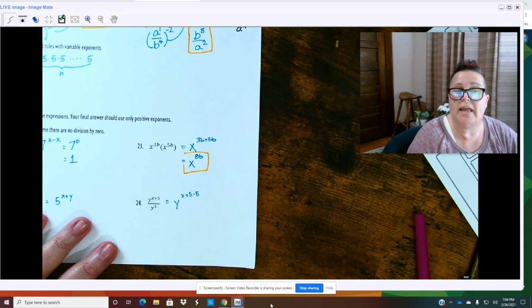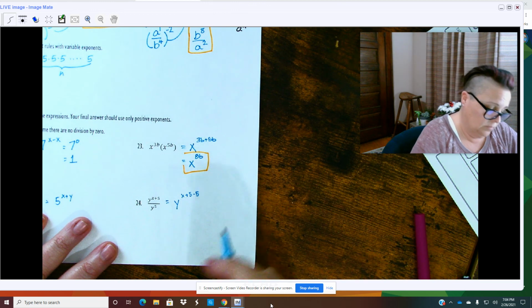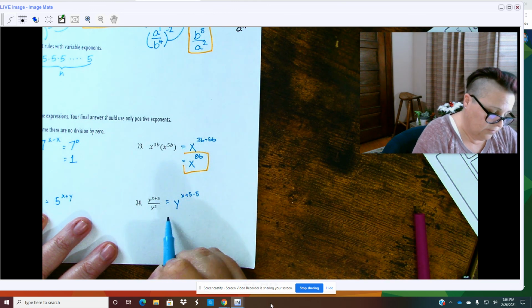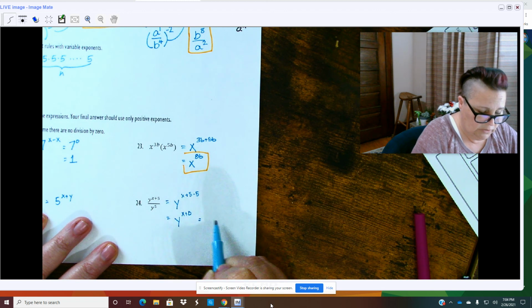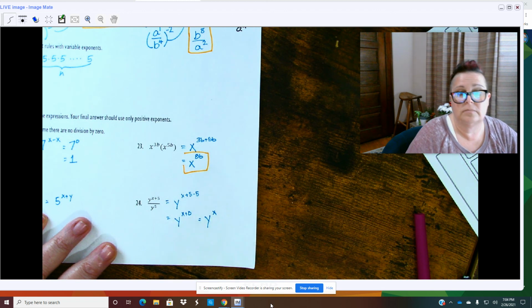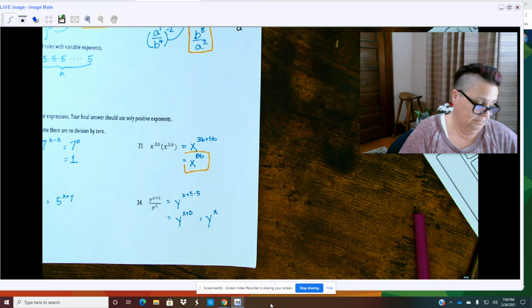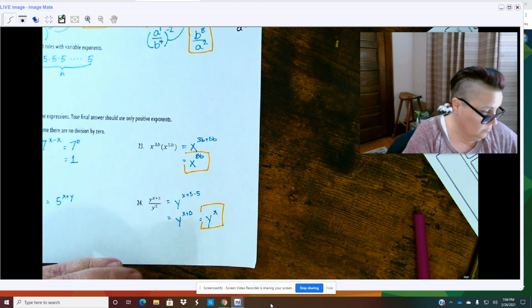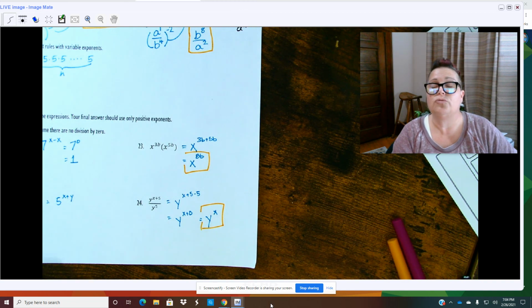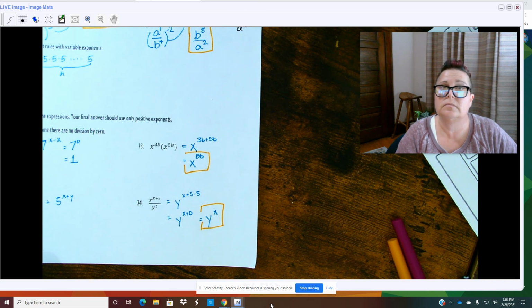Can you simplify x plus 5 minus 5? Well, the plus 5 minus 5 will zero out. This will be y to the x plus 0, which is just y to the x. Simplified using the exponential rules for algebra.